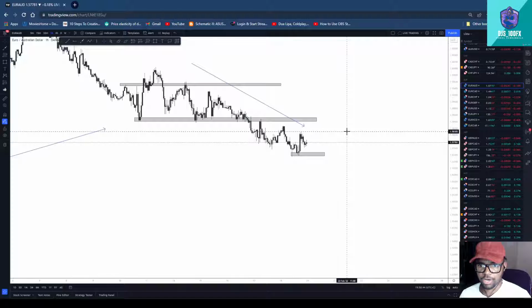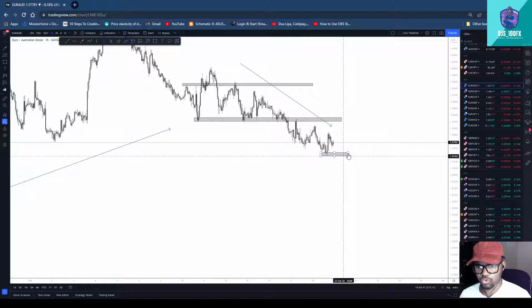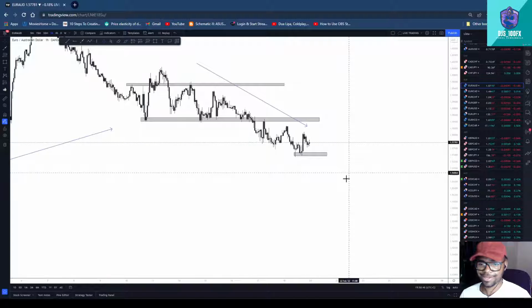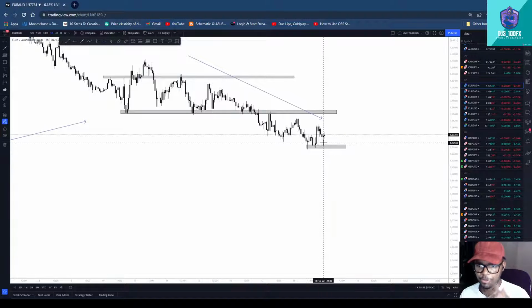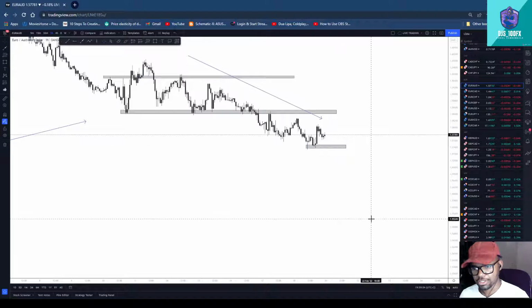But if price breaks below and retests clearly, I always like to emphasize clearly, because sometimes we might see a break and retest which is not really a break and retest. For this pair, I'll be looking for something like this: break below, retest, and then continuation.